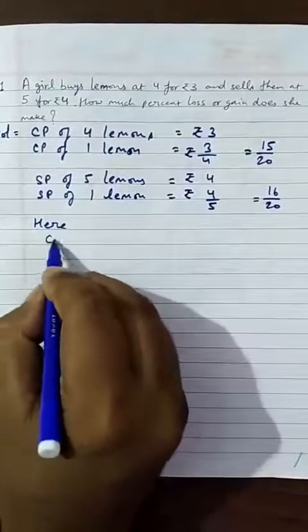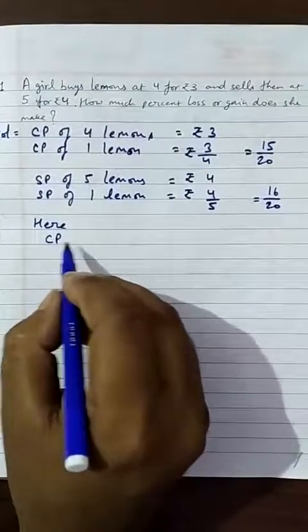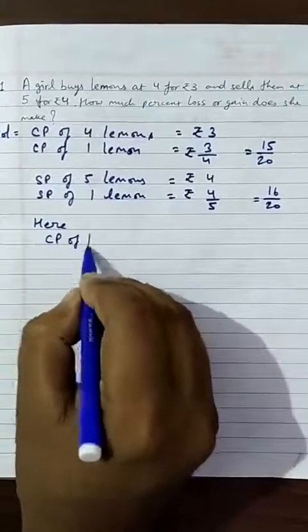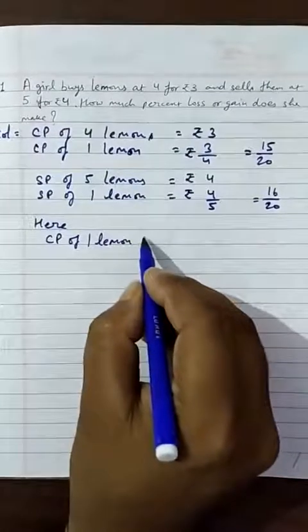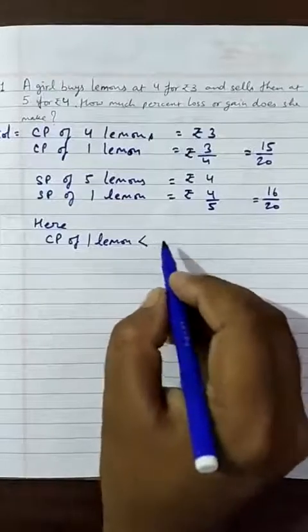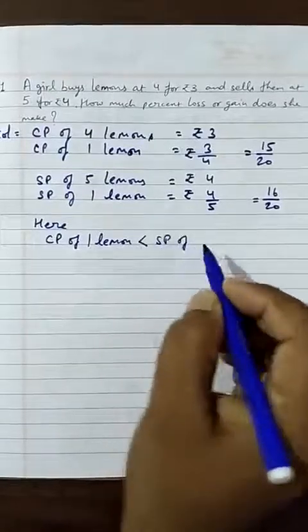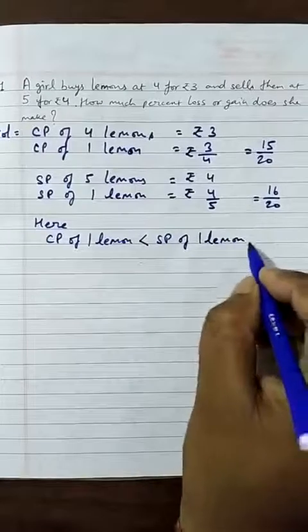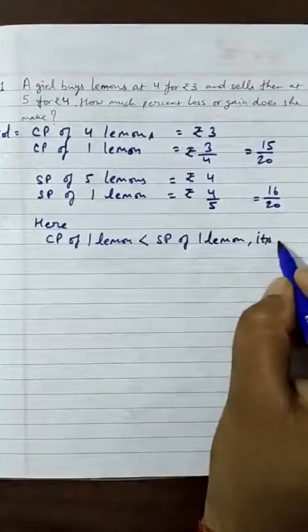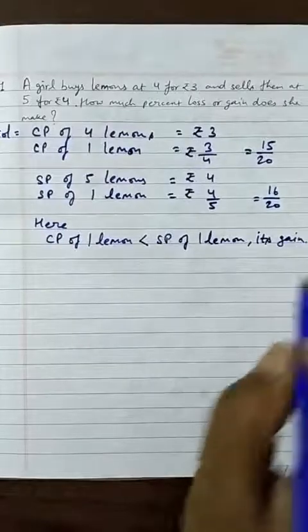Here CP of one lemon is less than SP of one lemon. It's gain case.